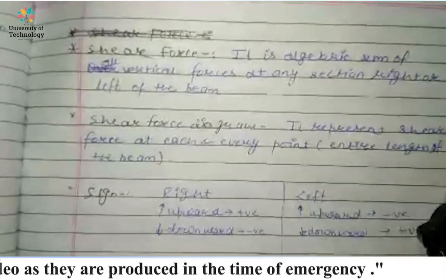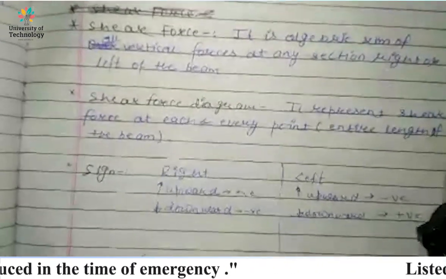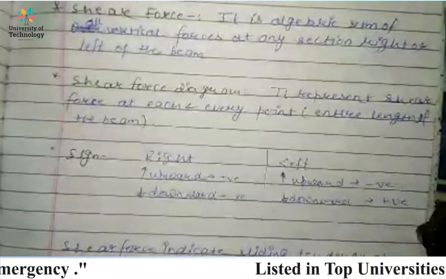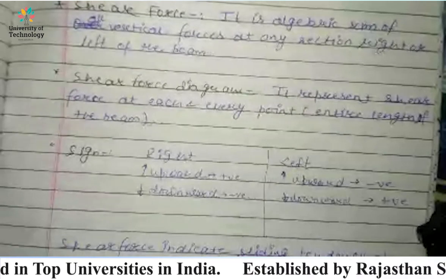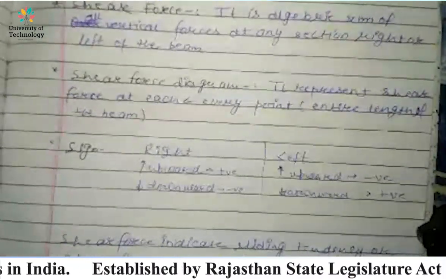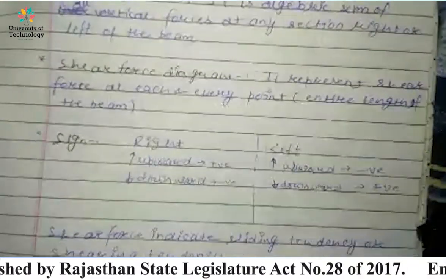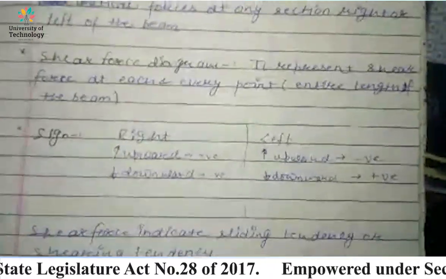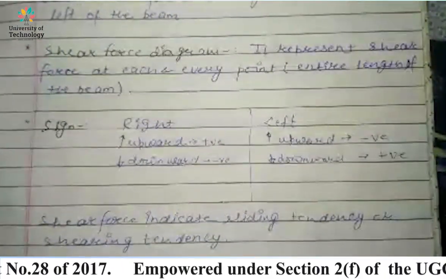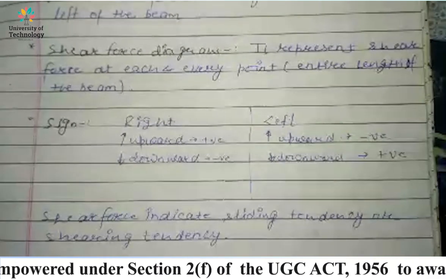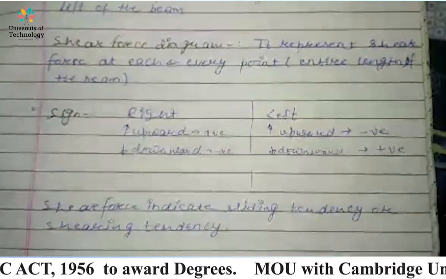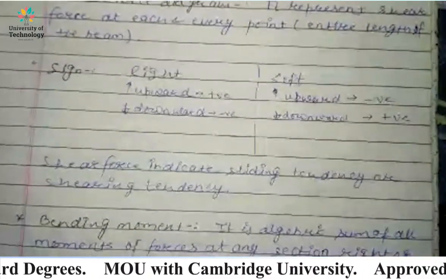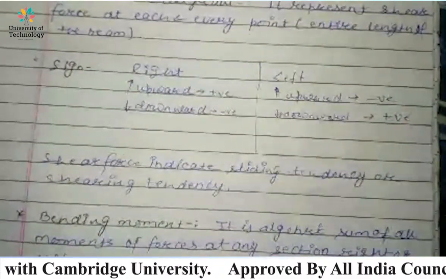Shear force diagram represents shear force at every point along the entire length of the beam. For sign convention, on the right side upward direction is positive and downward direction is negative, and on the left side upward is negative and downward is positive.